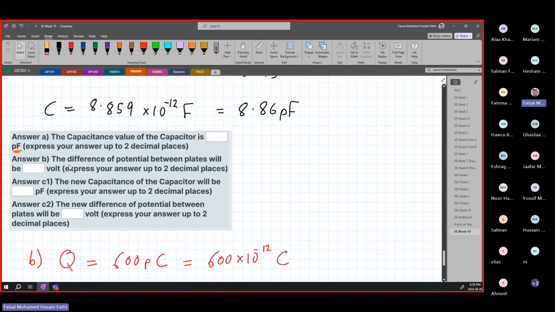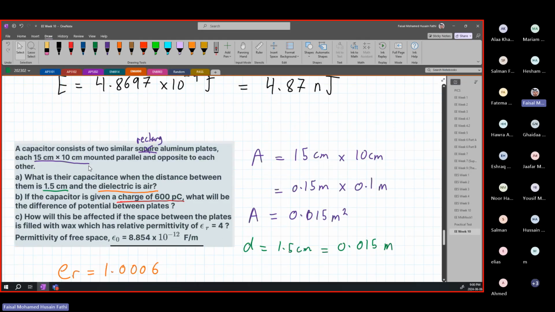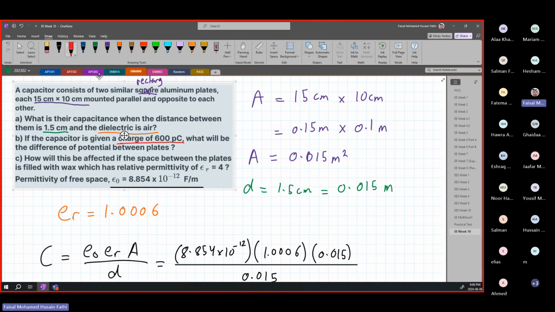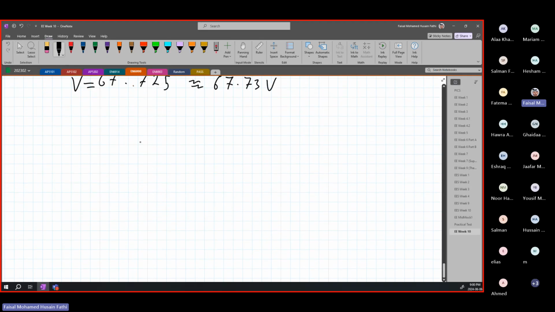The last one says, what is the new capacitance? How will this be affected if the space between the plates is filled with wax which has this relative permittivity? So now the relative permittivity changes. Don't look at what the solution did. All you're going to do is write the same exact equation.